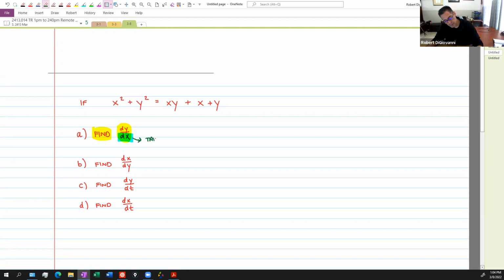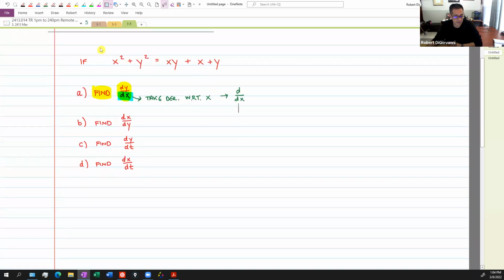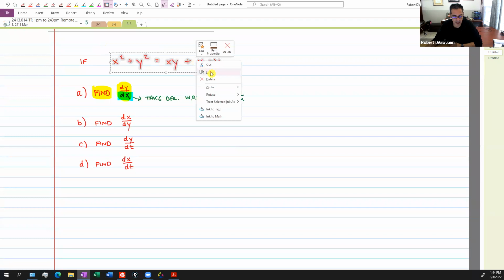take the derivative with respect to, WRT, with respect to x, which means we just want to do dx on both sides of the equation. So let's do that. I'm going to take this equation and copy it here.